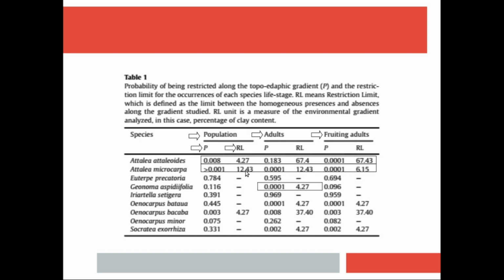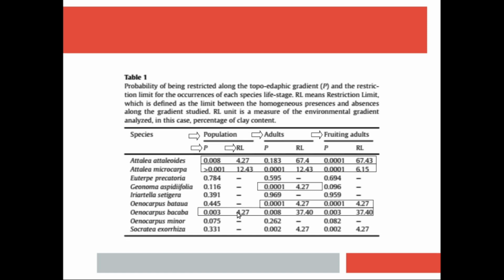So we see here another breakpoint in Geonoma spixiana, and we see here also in Patawa, very restricted to the bottomlands, and also Bacaba, which is basically the same thing as Attalea attaleoides.